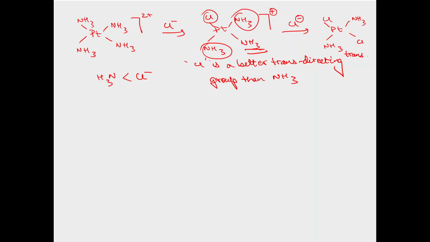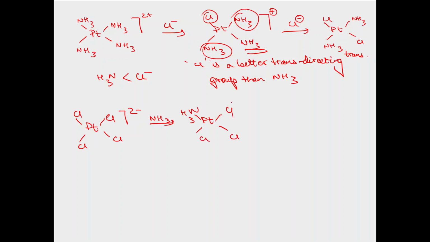And for synthesizing the cis isomer, we have to start with PtCl4. Then we substitute one ammonia, so it can go to any of the four positions.